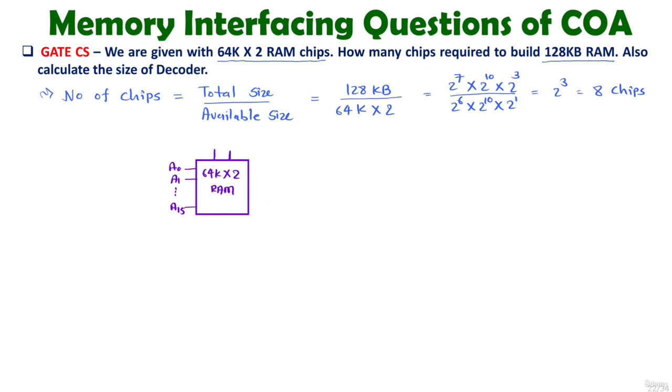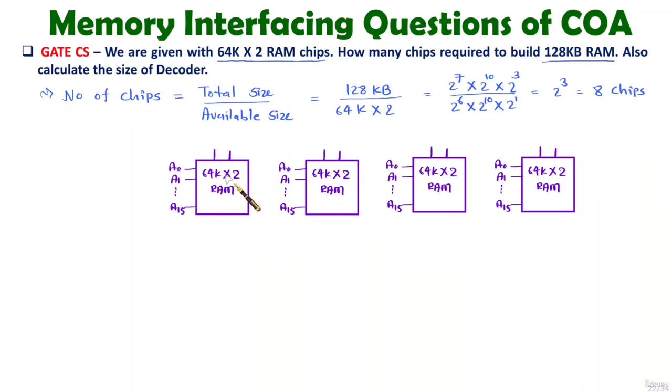Let me show you. I am connecting 4 RAMs horizontally so that we have 8 data lines in total. Here we have D0, D1, then D2, D3, then D4, D5, then D6, D7.